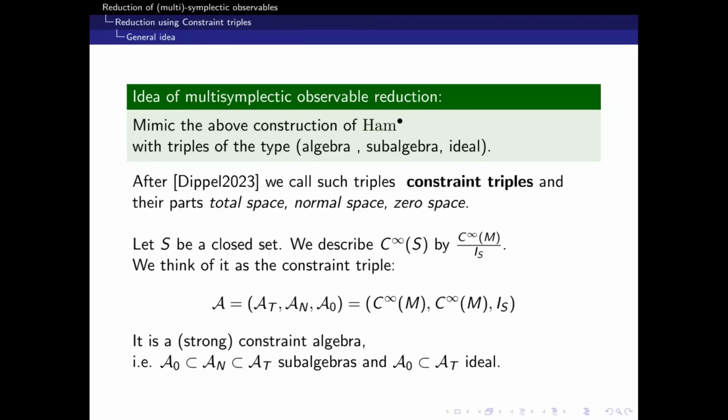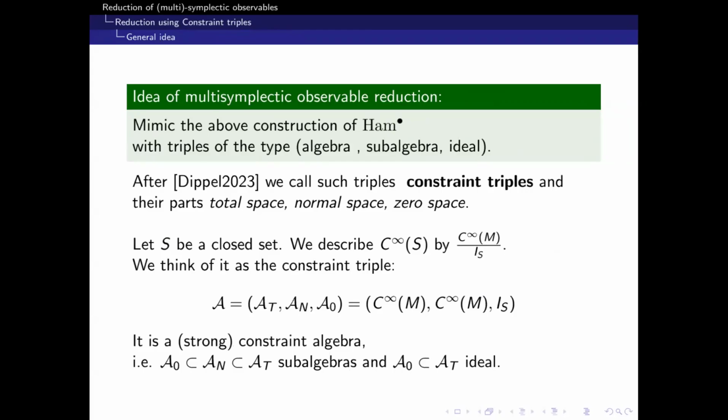This idea of triples, algebra, subalgebra, ideal, while kind of floating around in reduction as an idea everywhere, has been formalized in the PhD of Marvin Dippell, who called such triples constraint triples. And he has constructed a very elaborate algebraic theory of them.